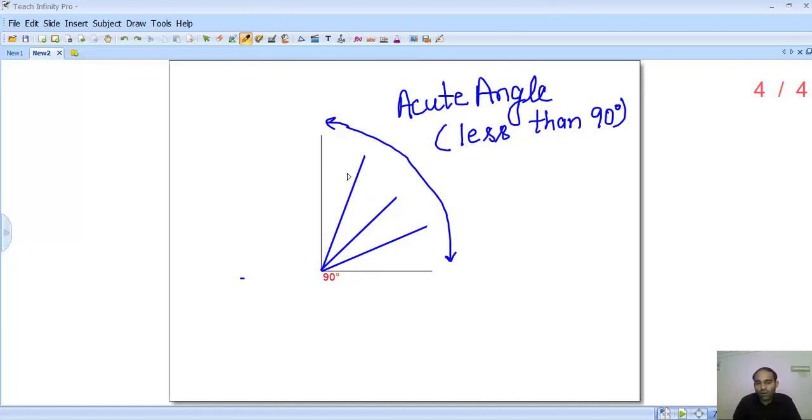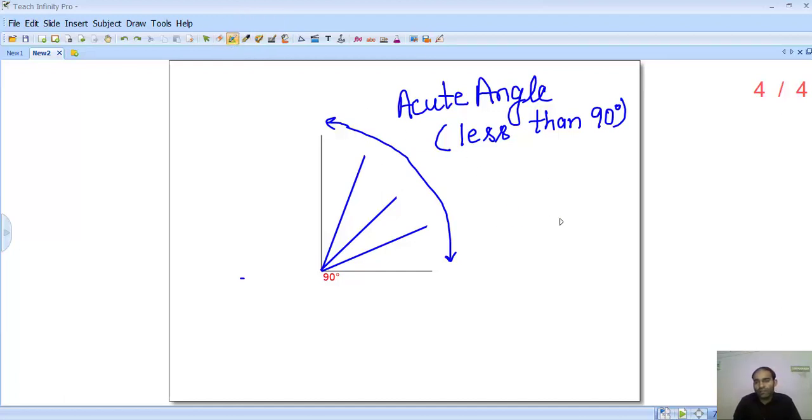So these all angles which come at this side will be called acute angle. What is an acute angle? All the angles which are less than 90-degree will be called acute angle. Okay, good. Now let me draw some angles for you.